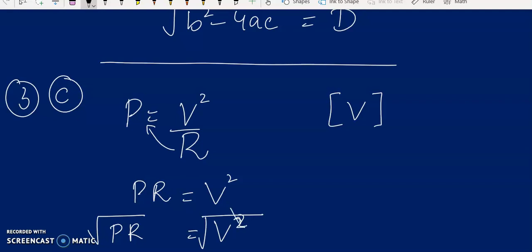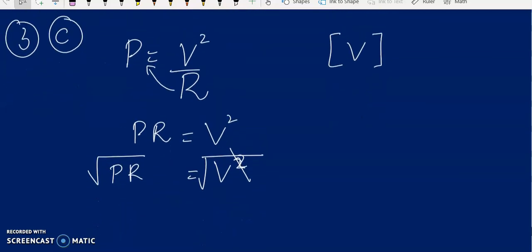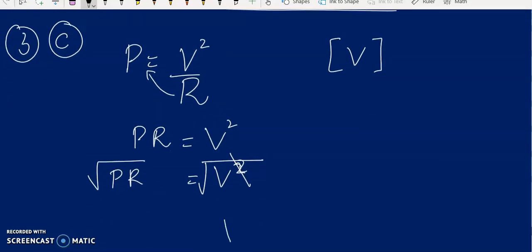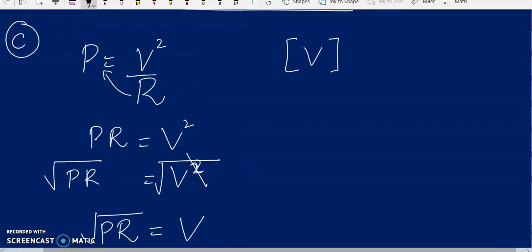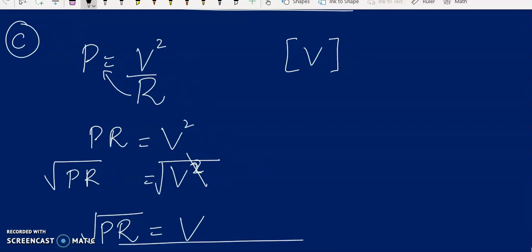This square cancels out with the square root and hence we get V equals square root of PR. So this is the answer of your question.